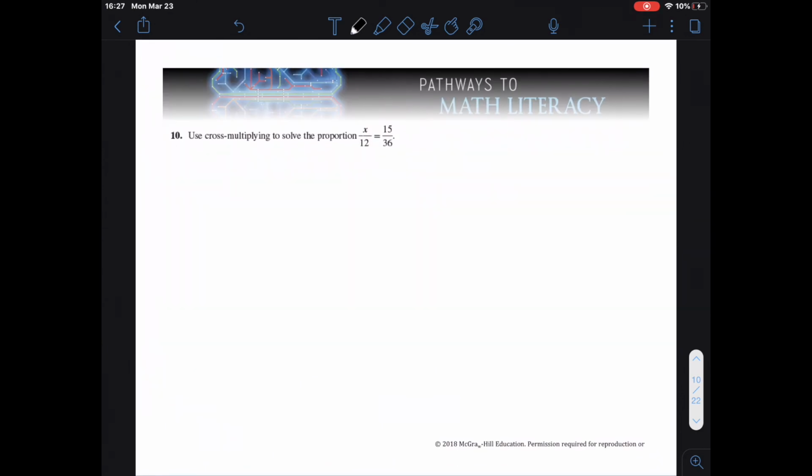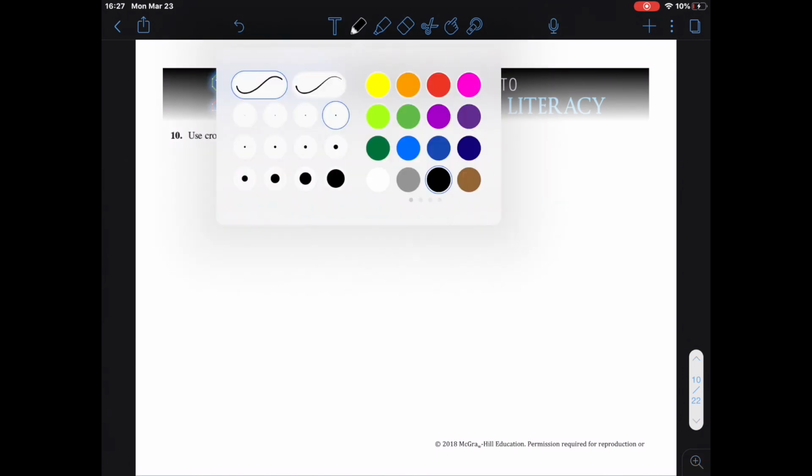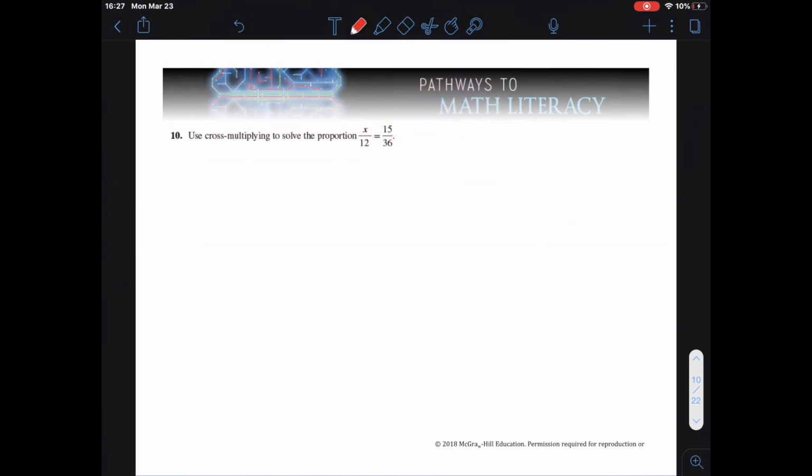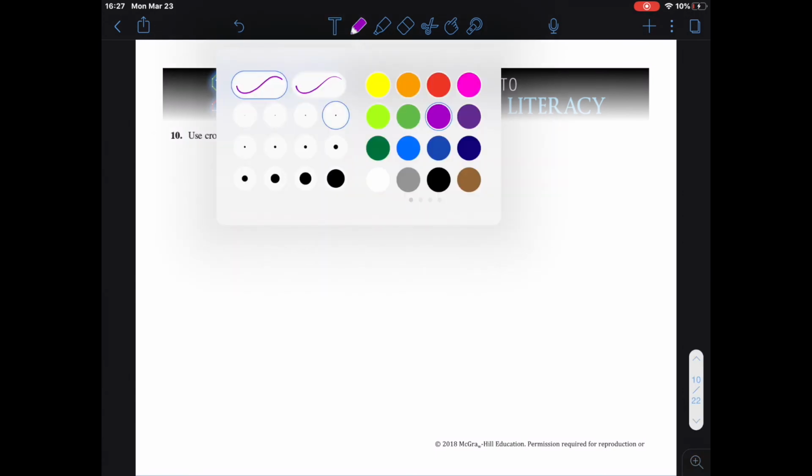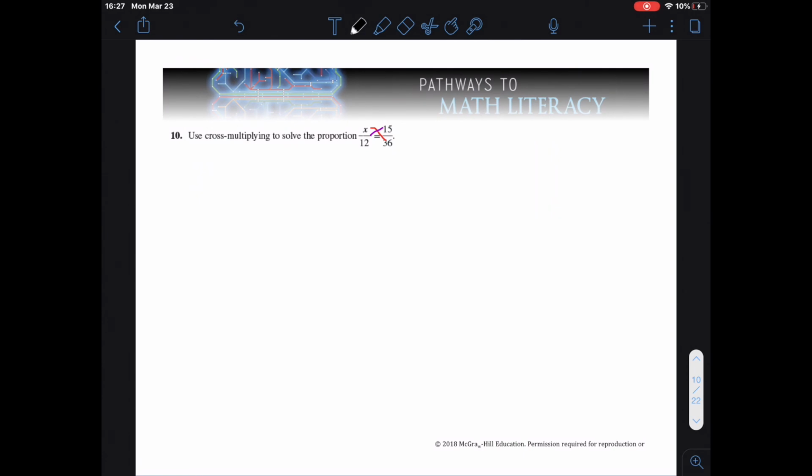So let's go ahead and use that to solve another proportion. We've got x over 12 is equal to 15 over 36. So multiply what's across, so the x and the 36, and then multiply the 12 and the 15. So we're going to get 36 times x is equal to 12 times 15.